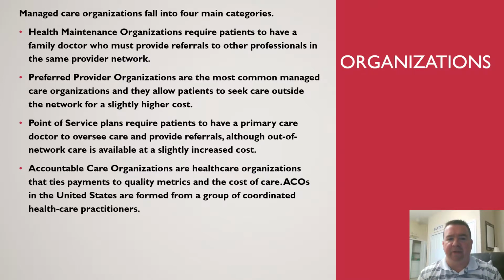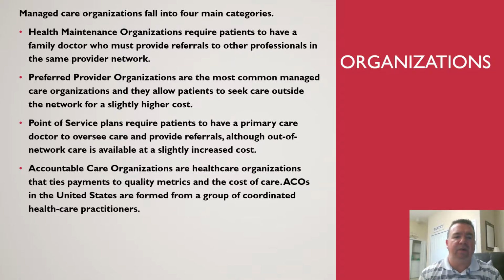Third are point of service plans, or IPAs, which are usually primary care doctors that see the patients. They will form a group together. They're not really all together, but they tie services together. They're still independent, so they work together to provide care to reduce costs. And then an accountable care organization, ACO.